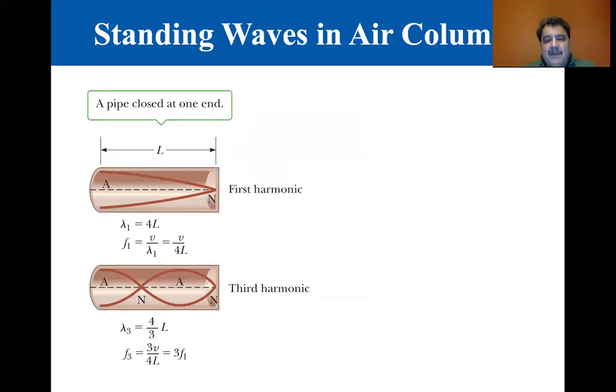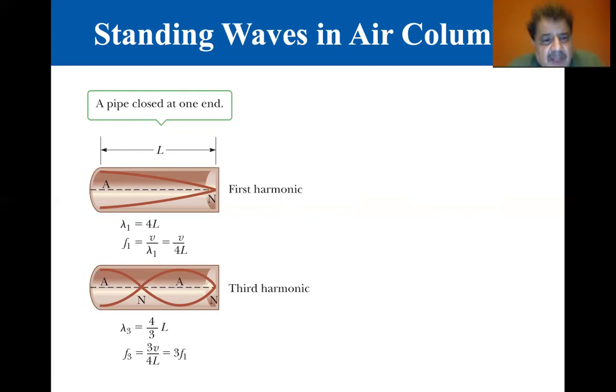We have a pipe closed at one end. Now, whenever it's closed, the air molecules can't move there. So it's going to have a node. There's always going to be a node, and an antinode at the other end. So they're always going to have a node at the closed end and an antinode at the open end.